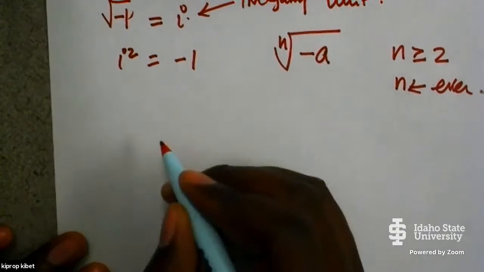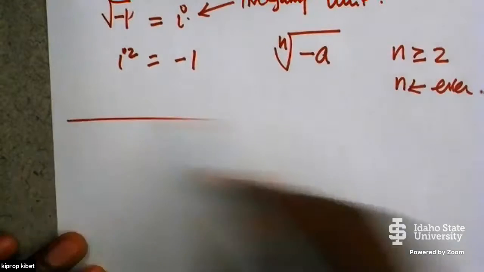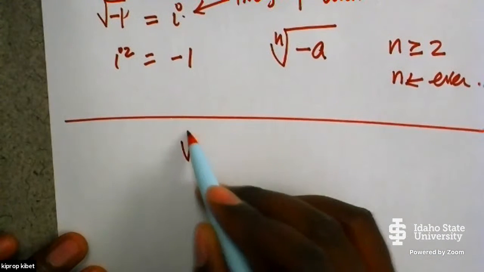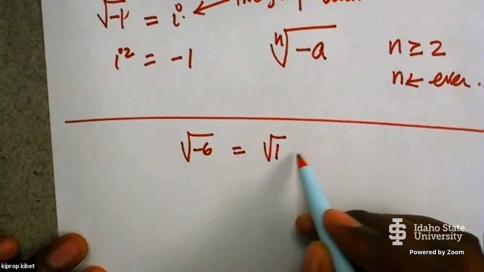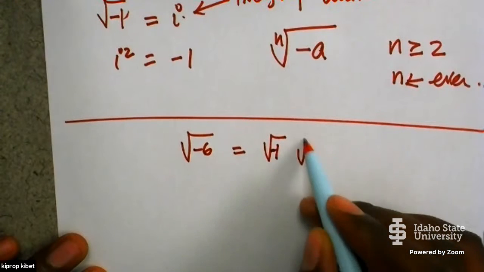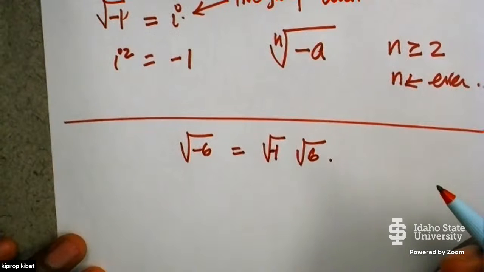So we did an example: the square root of -6 is similar to the square root of -1 times the square root of 6, right?